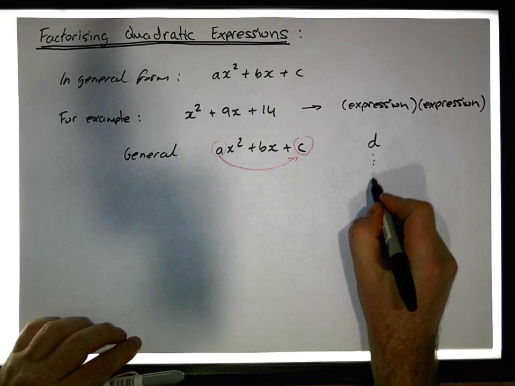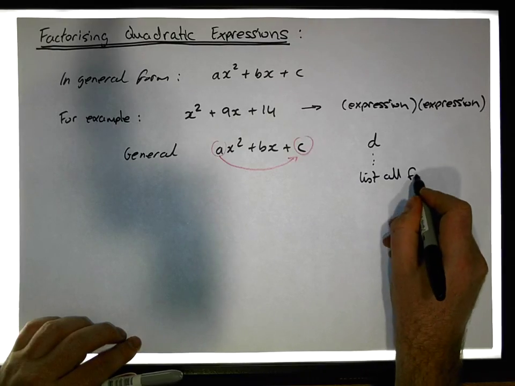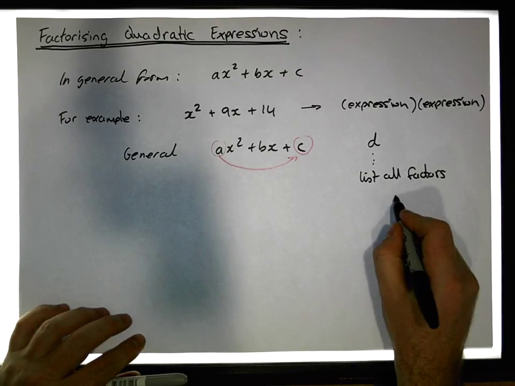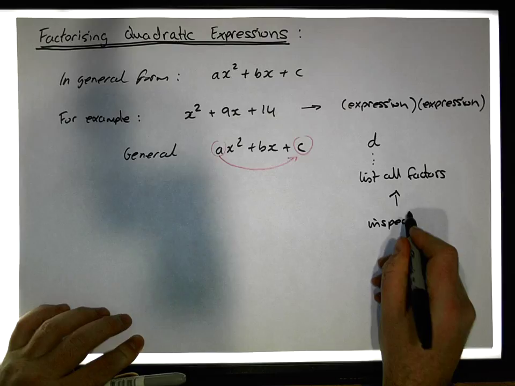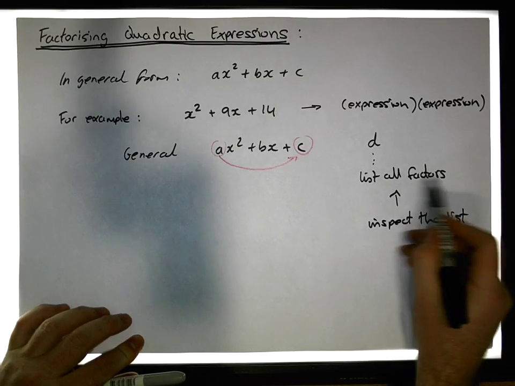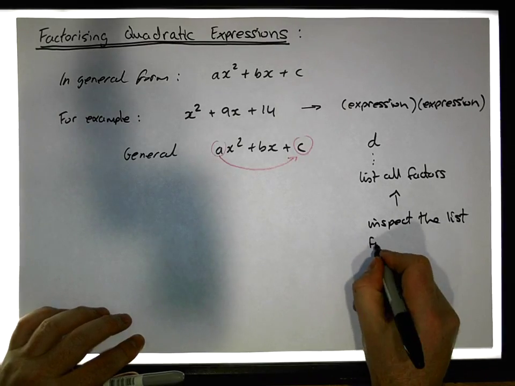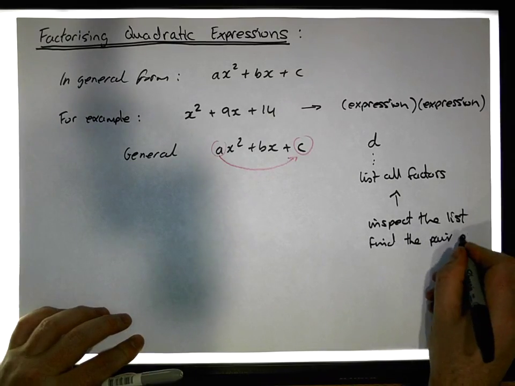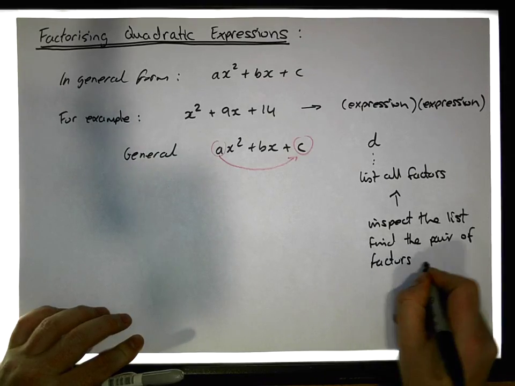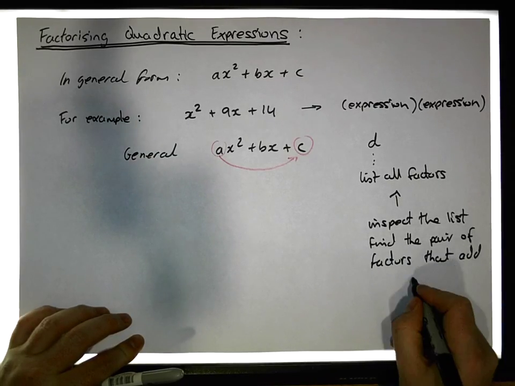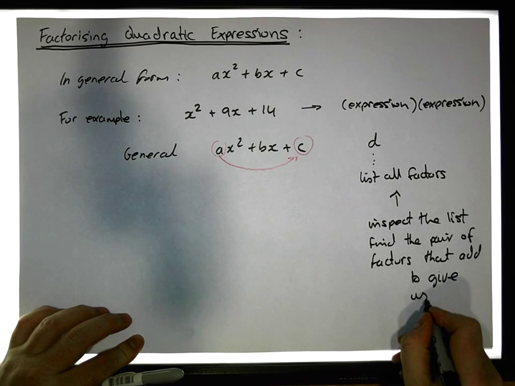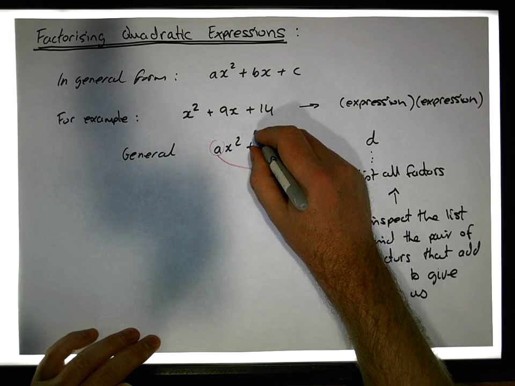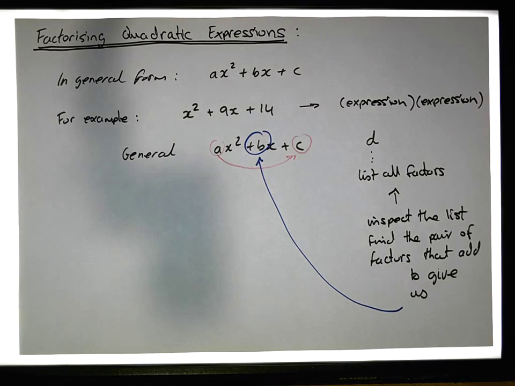Then we list all the factors of d, and finally we inspect this list of factors and find the pair of factors that add to give us this particular b value. That's what we're going to try to do.